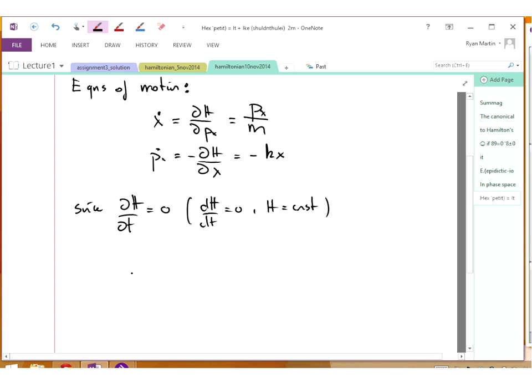That means, writing H as a constant, I have 1/2m px squared plus a half kx squared equals some constant, which I'll call E. We know that to be the total energy.